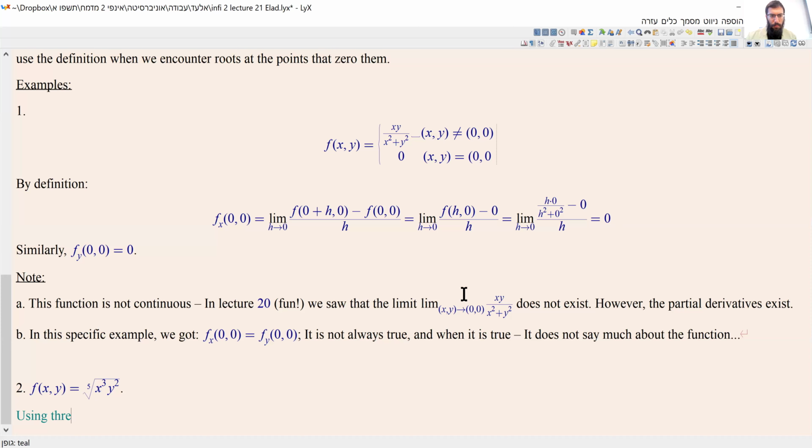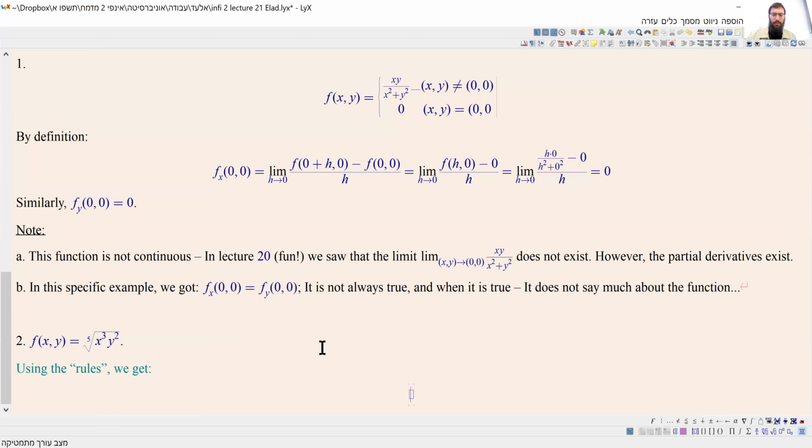using the rules, let's say I want to find the derivative by x. So as usual, I write it down with 1/5 in the power. I want to find the derivative of that by x.